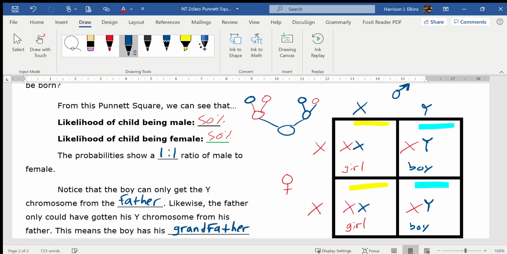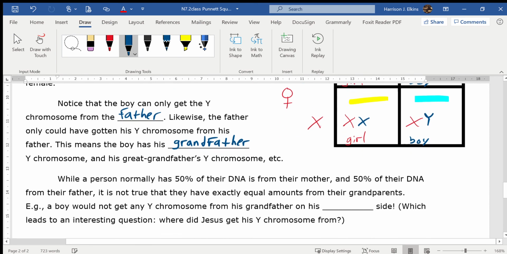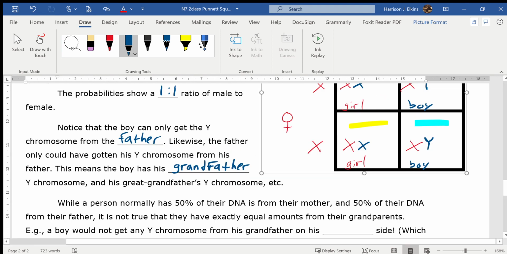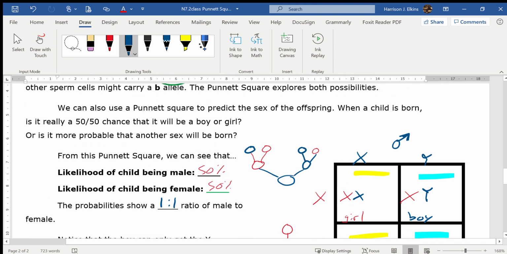And that's because it's random what alleles the mother will pass on. And you can most clearly visualize this with the X and the Y chromosomes. So a boy would not get his Y chromosome from his grandfather on his mother's side. For instance, this mom only has XX, so she cannot pass on the XY that the grandfather has.